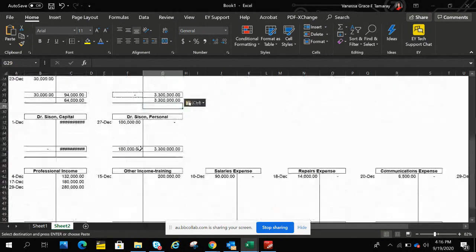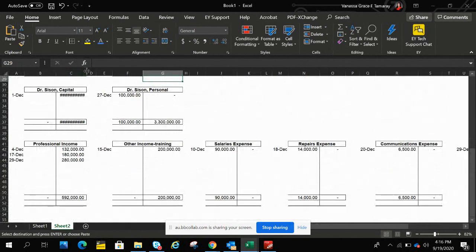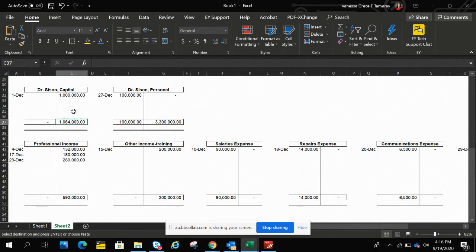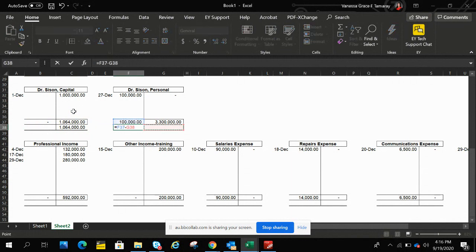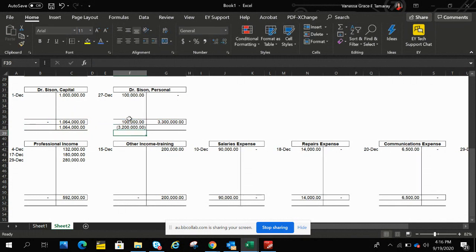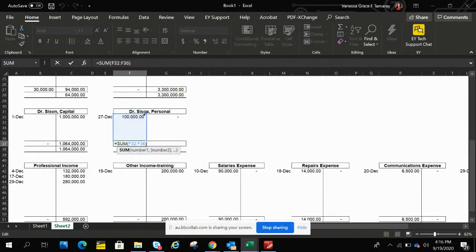Okay. About capital. Capital, normal balance is credit side. Diba? Same with, ito naman, pag personal or drawings, normal balance is debit side. Pero, bakit ganito? Sobra.